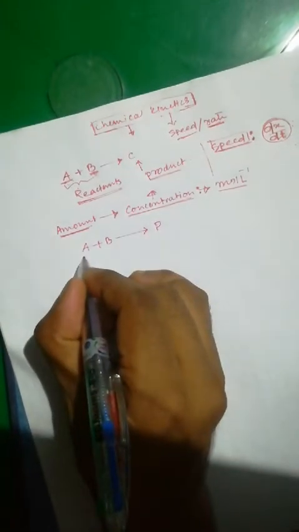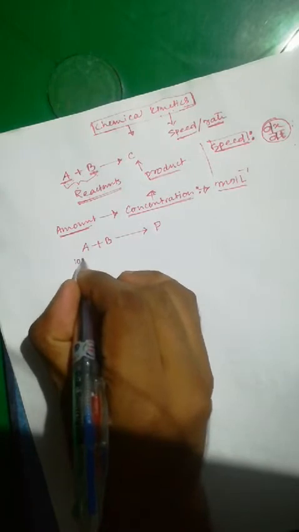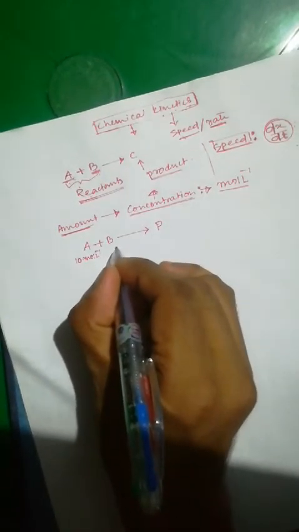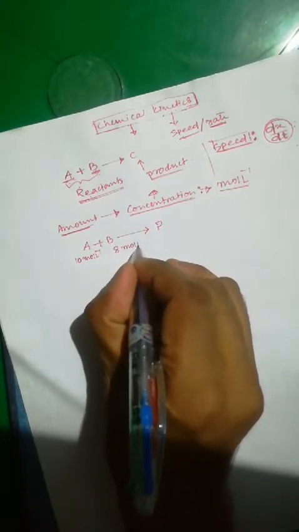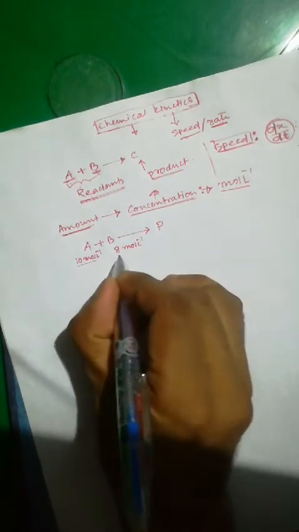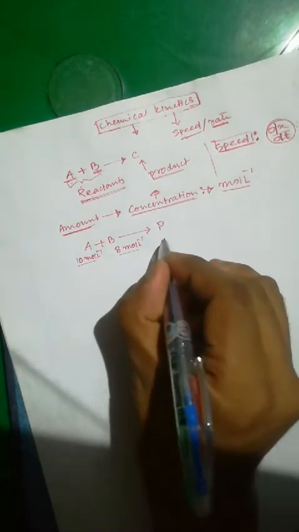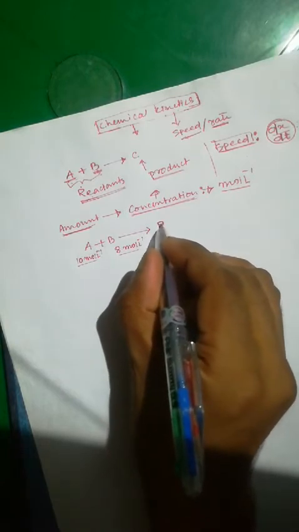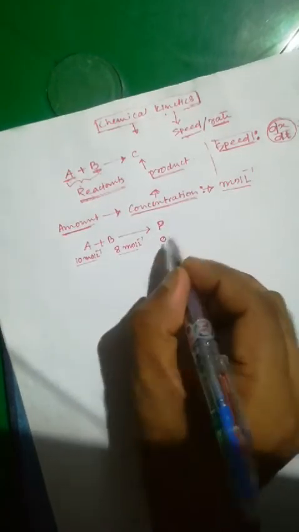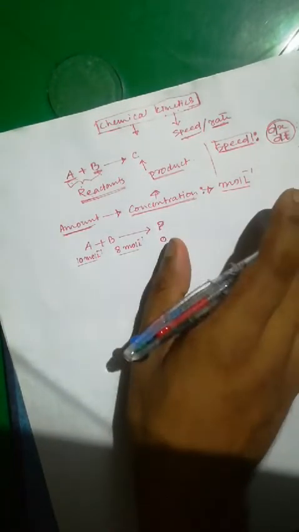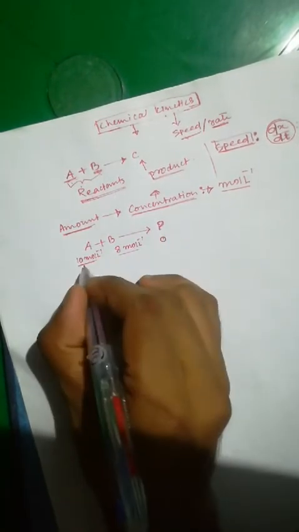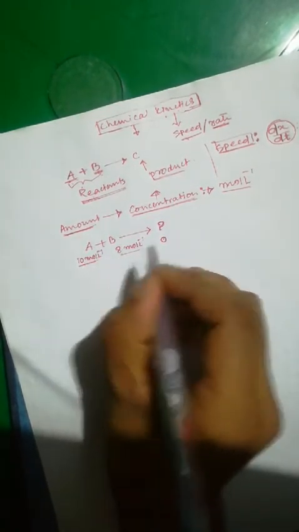Suppose at the beginning we took 10 mole per liter of A and 8 mole per liter of B. And at the beginning the concentration of the product was 0 mole per liter.